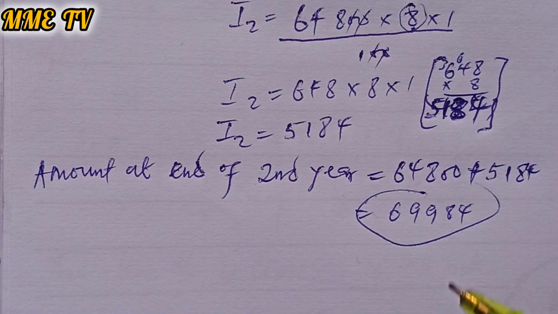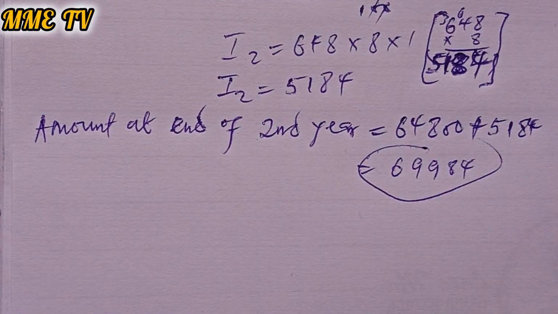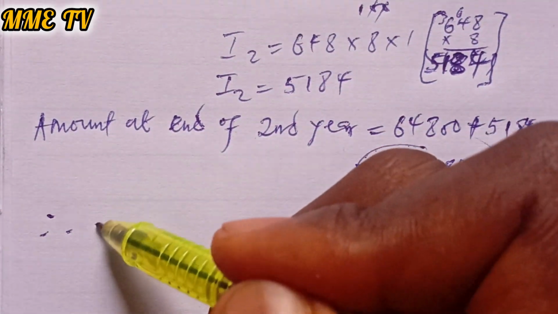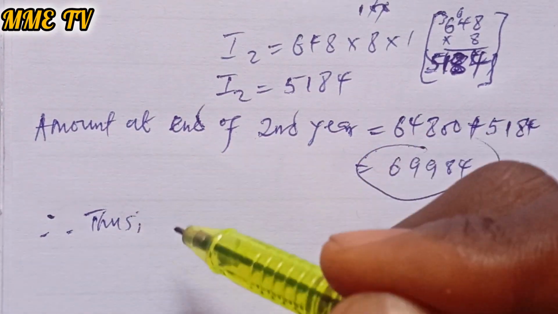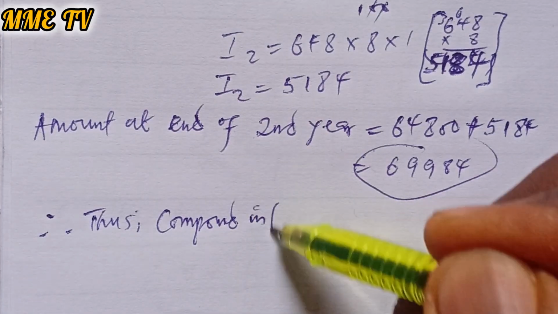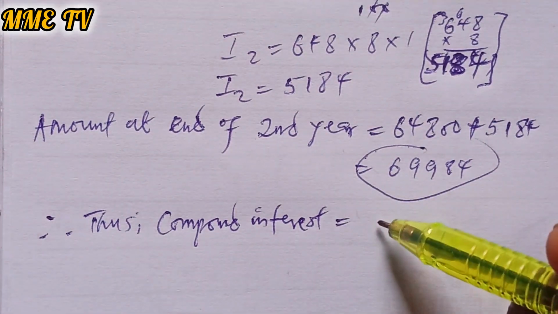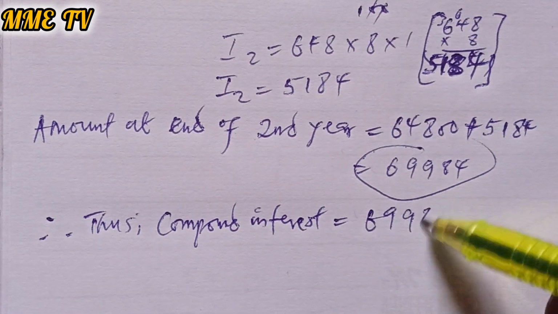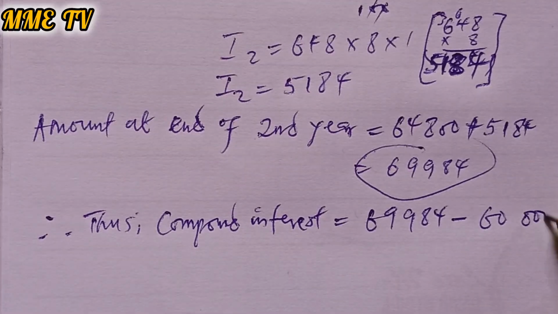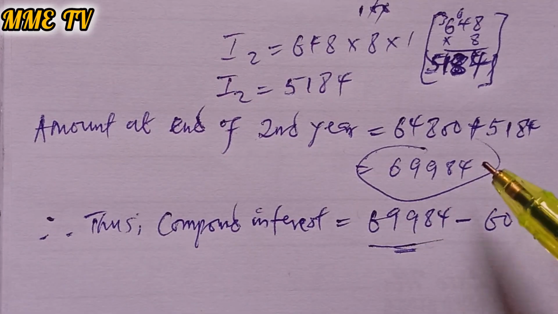In finding the final answer, we will say, therefore, or thus, the compound interest is equal to 69,984 minus 60,000. I hope we all know where this came from.